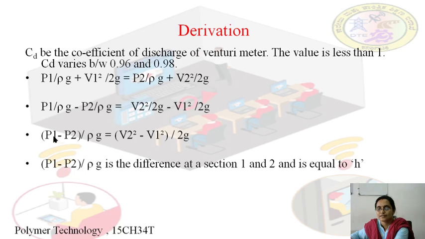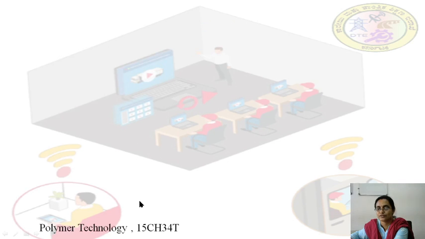This is the difference between section 1 and 2, and it is equal to H, the pressure head. That is, H can be written as V2 squared minus V1 squared by 2g.